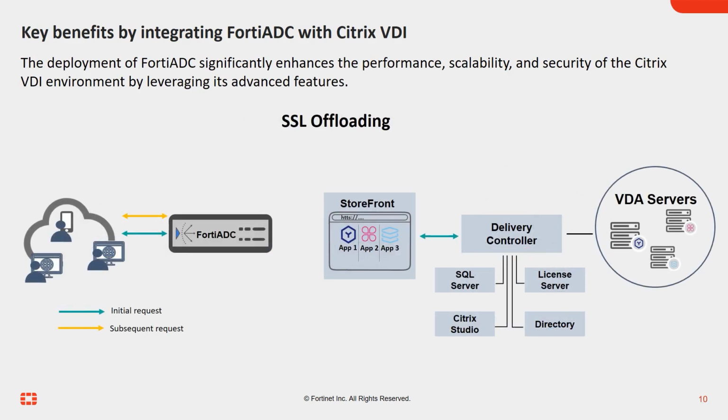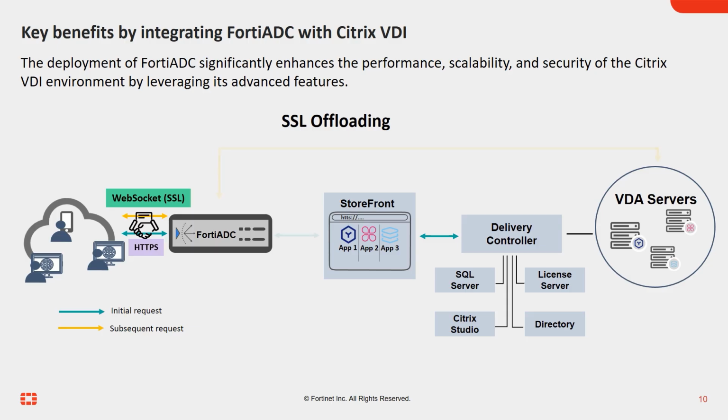When clients connect to the StoreFront servers, the connections are established over HTTPS. When users access virtual desktops or apps through a browser, the session is established over secure WebSocket. FortiADC supports SSL offloading for both HTTPS and WebSocket traffic. It performs SSL handshake with the clients and decrypts incoming connections before they reach the back-end servers.